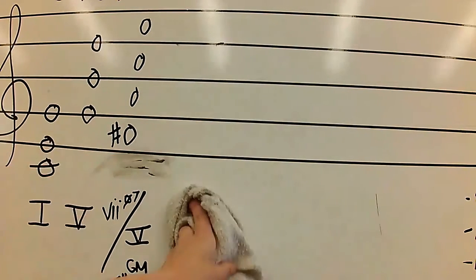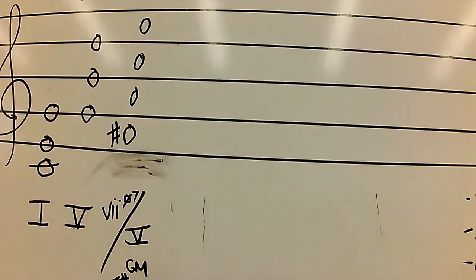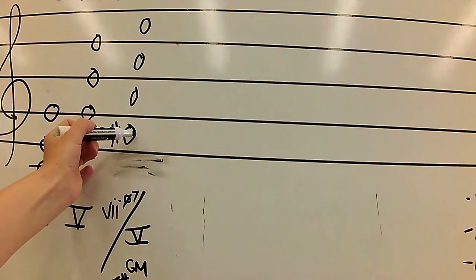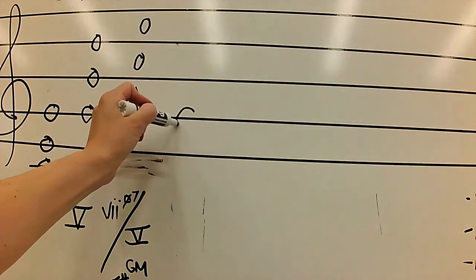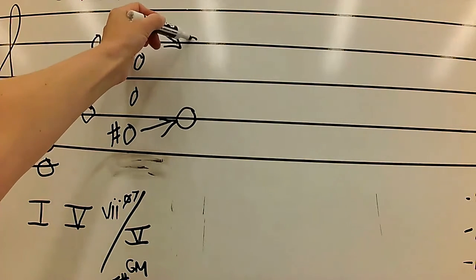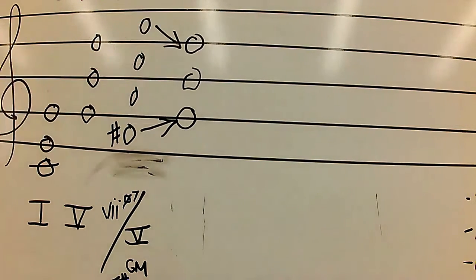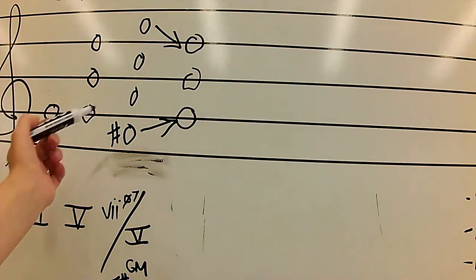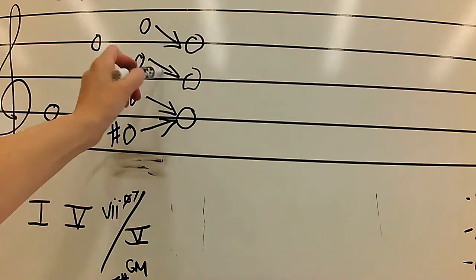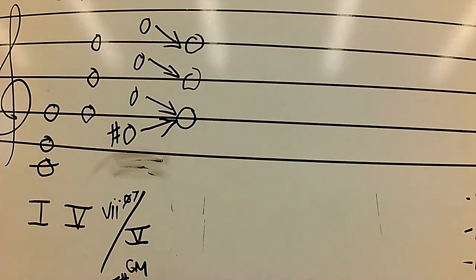We do want to still observe good voice leading practices when we resolve things like this. Because this is functioning as T, it needs to go back up to Do. Because this is a seventh, it needs to go down by step. That would probably go down to that one, 2, and that would go down to that. Very nice resolution there.